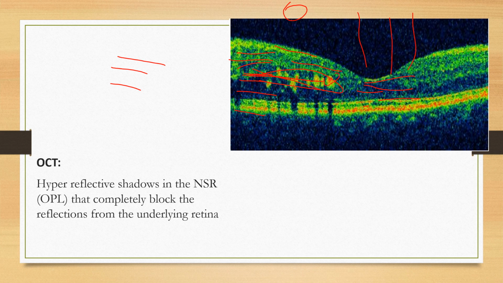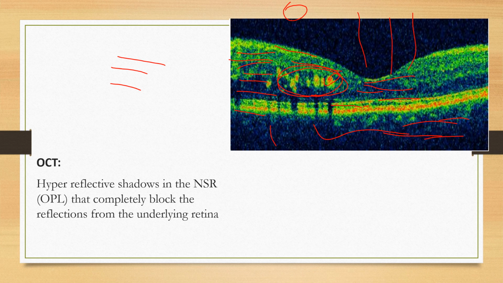So here in this case, red is hyper reflectivity. Once you pass the light, after this red there is no light passing on. That's why below this you are able to see a dark space. Whereas looking at the hard exudates here, it is hyper reflective.